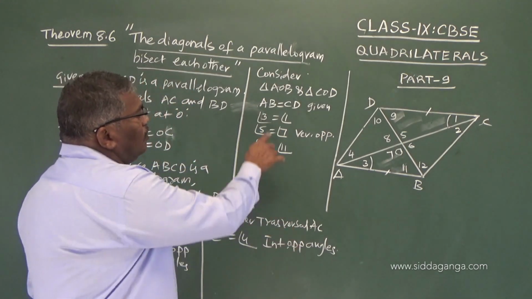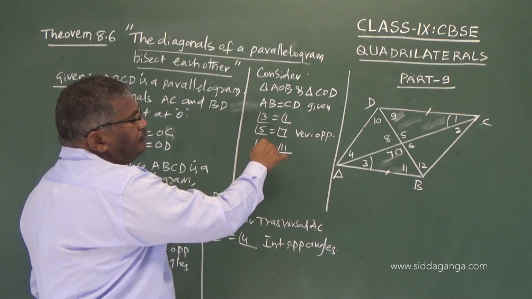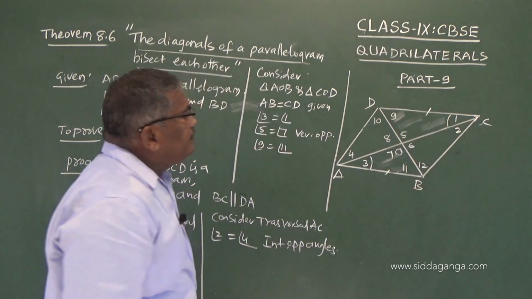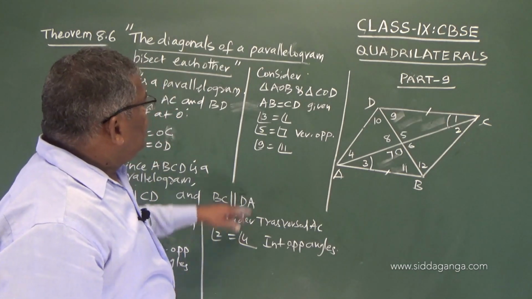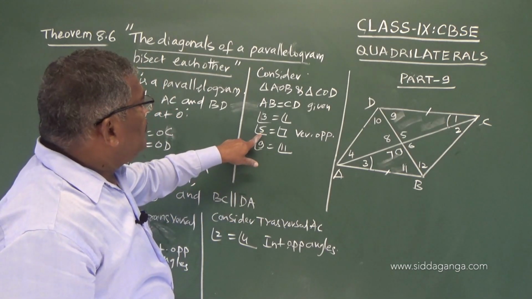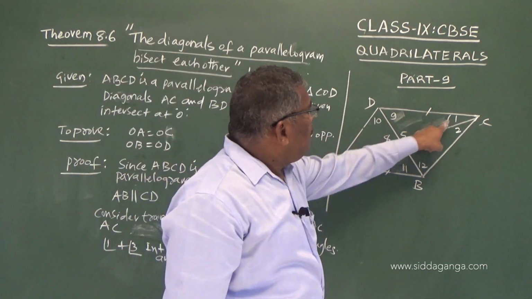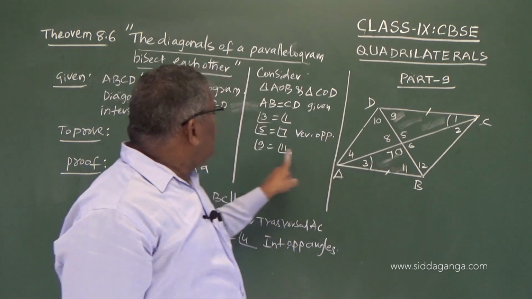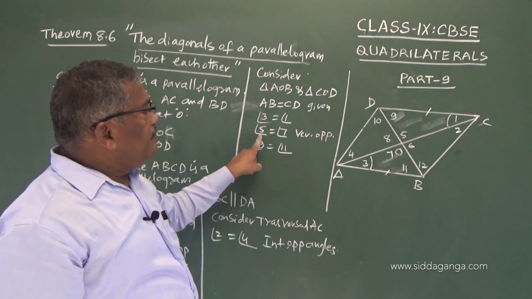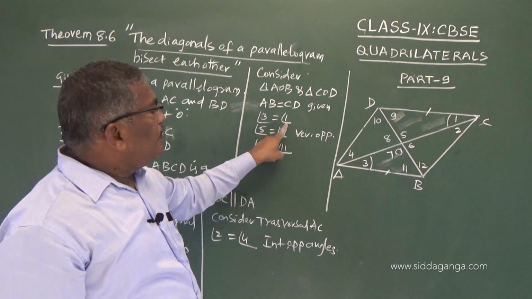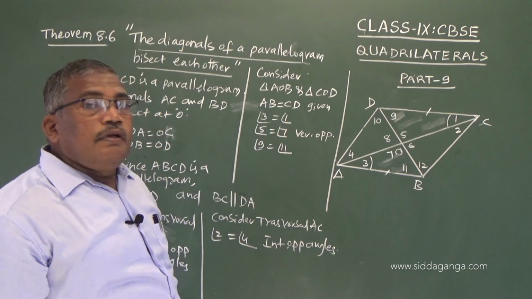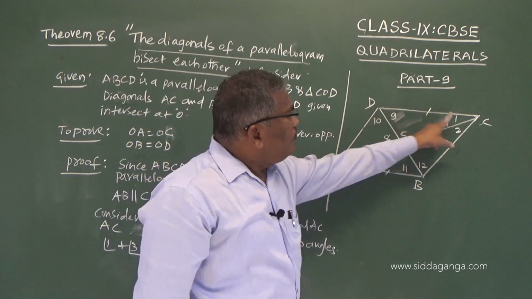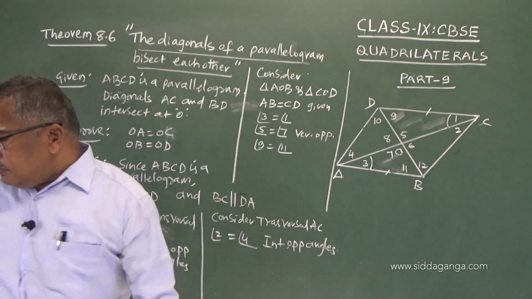So now all three angles of one triangle, 1, 5, 9, and 7, 3, 11: 9 is equal to 11, 5 is equal to 7, 3 is equal to 1. And AB is equal to CD.